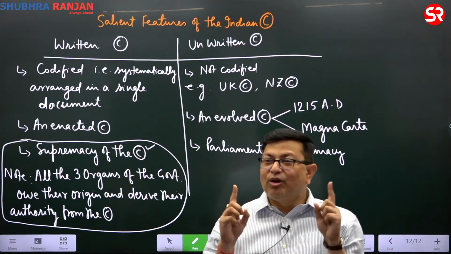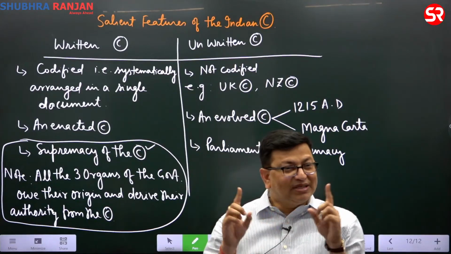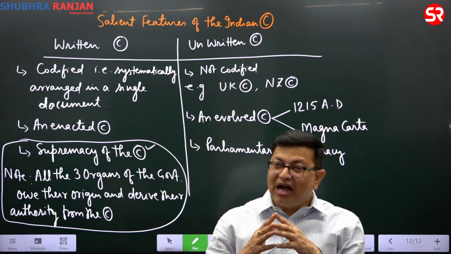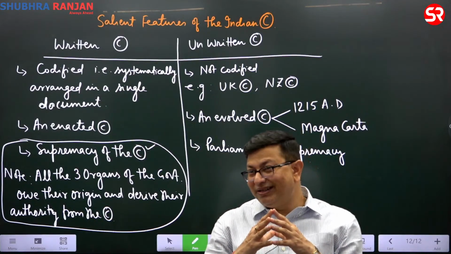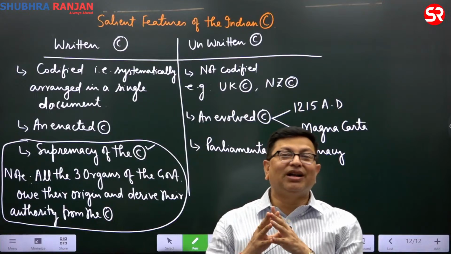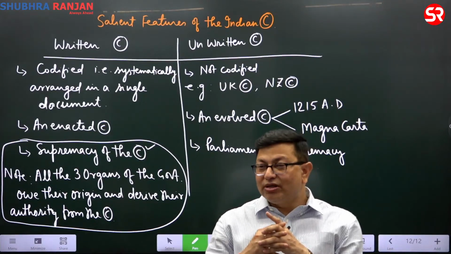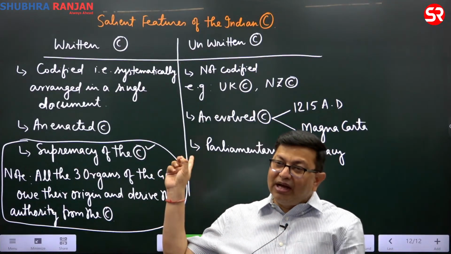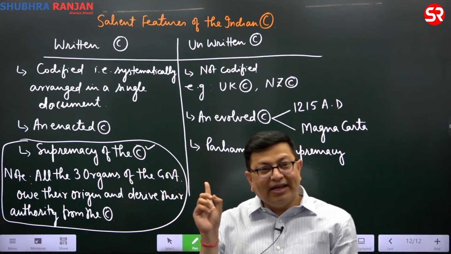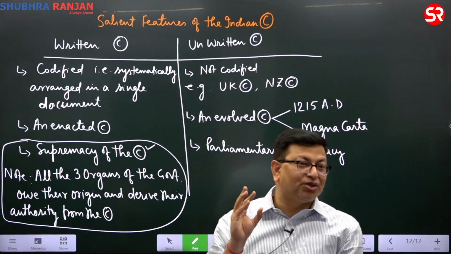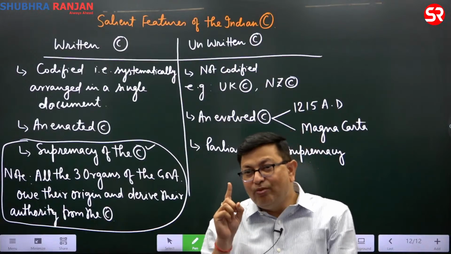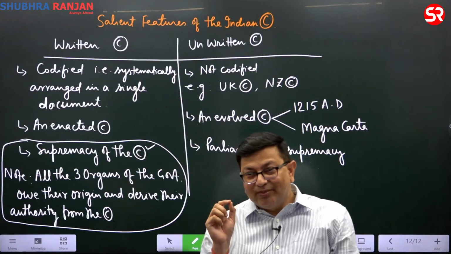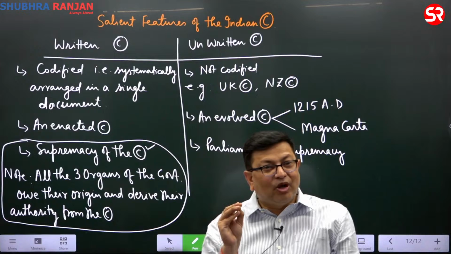But if we talk about the powers with respect to sovereignty, our Parliament is not sovereign like the British Parliament. In our country, the Parliament is bound by the provisions of the Constitution. It will have to make laws on the subjects for which it has been authorized.